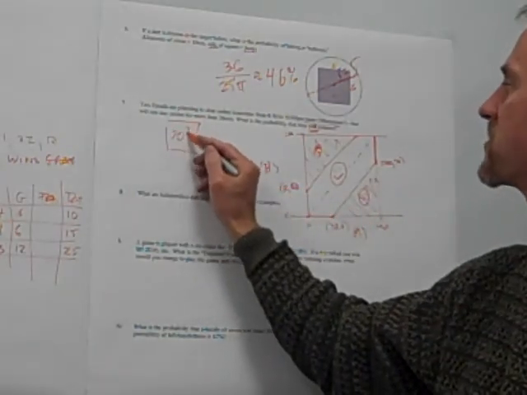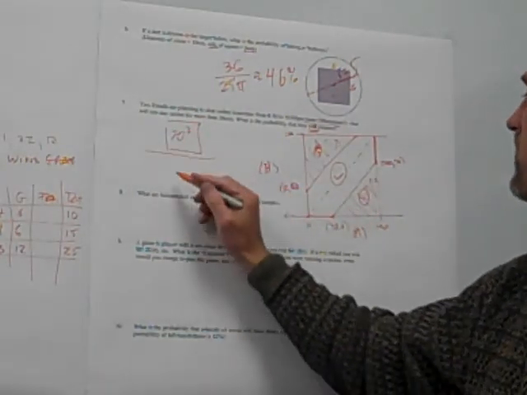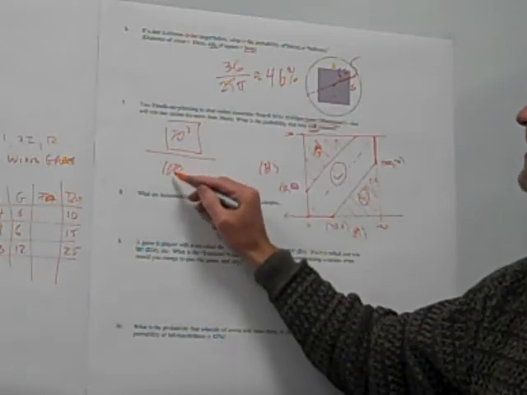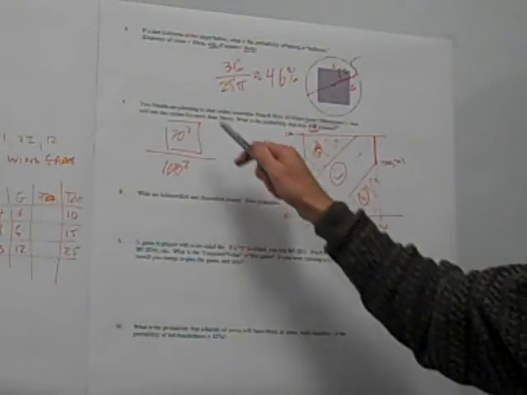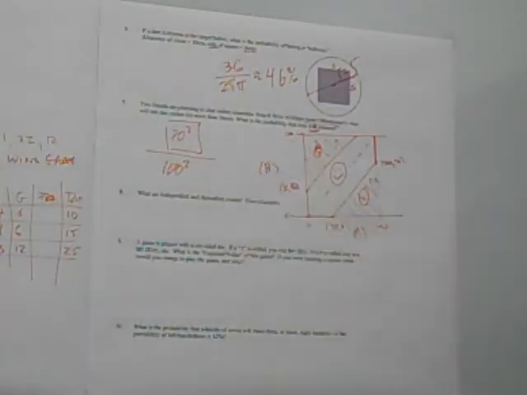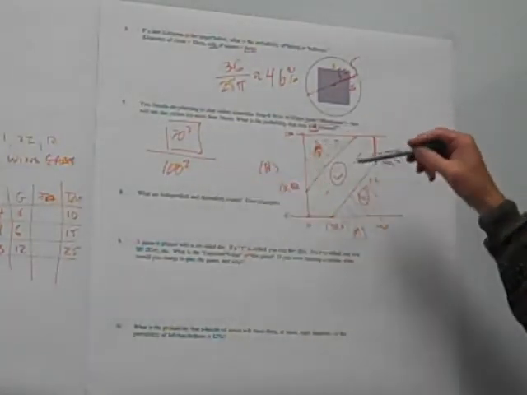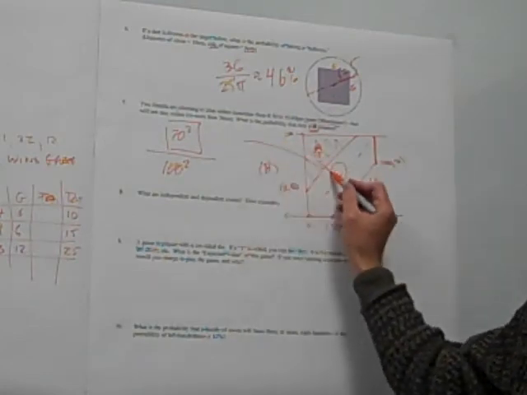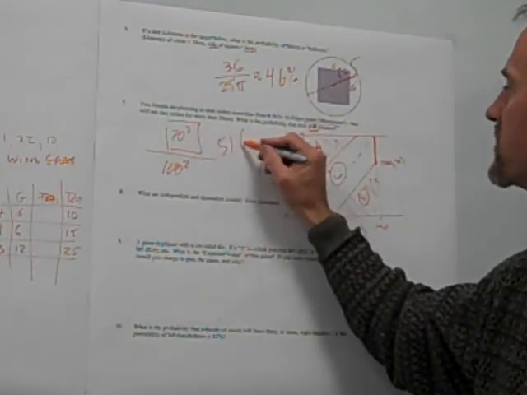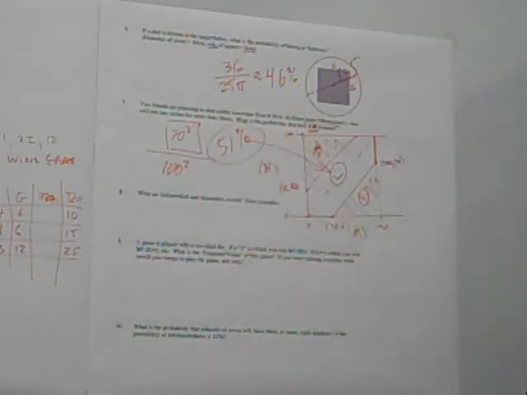So 70 squared over 100 squared. Well, that's going to be 4,900 over 10,000. That's 49%. When I take that away from 100%, I'm going to get this probability right here of being 51%. Okay? So that's the answer for that one.